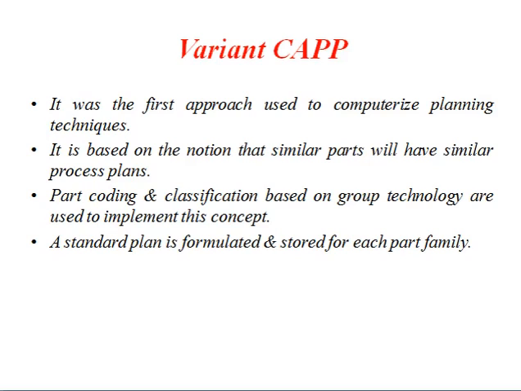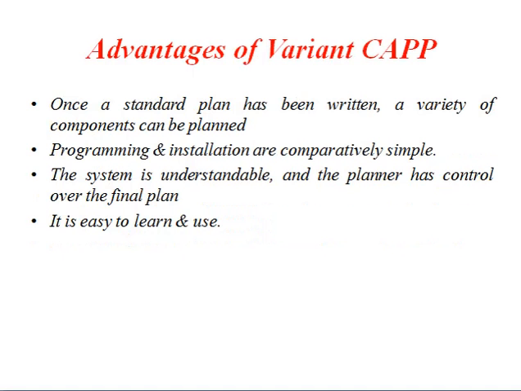In this variant CAPP approach, a standard plan is formulated initially, and after that each plan is stored for each part family. We have certain advantages with the variant type of computer aided process planning approach. Once the standard plan has been written, a variety of components can be planned.